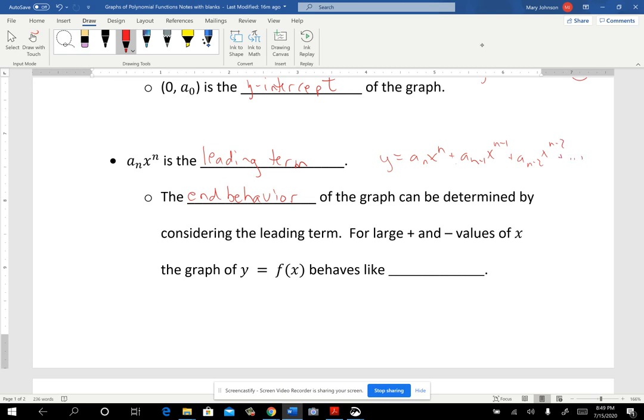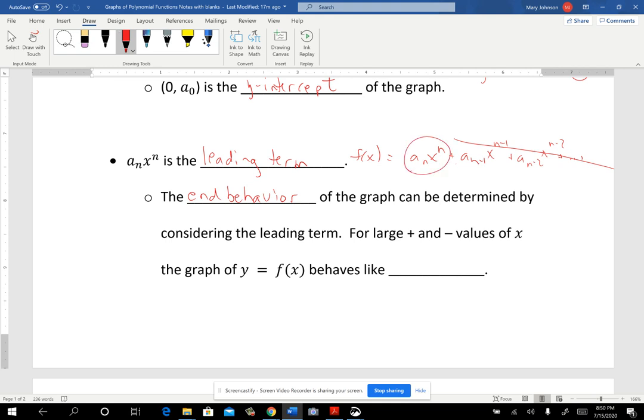So these have fewer x's being multiplied together. If you put in a really big positive x or a really big negative x, for the graph of f of x, if you put in big enough x's, these are small compared to this.